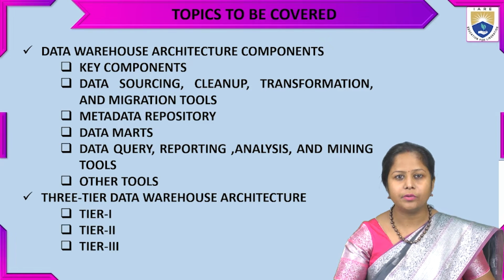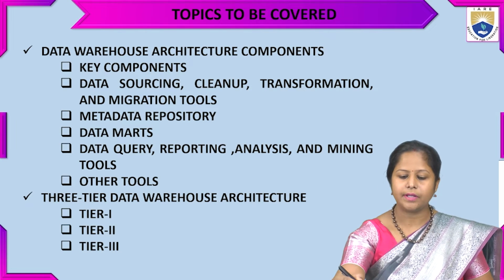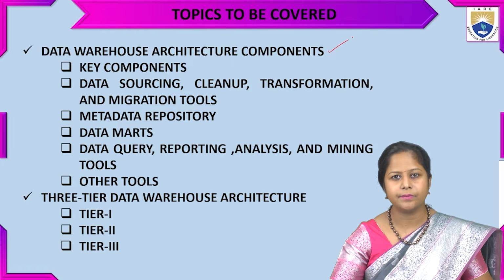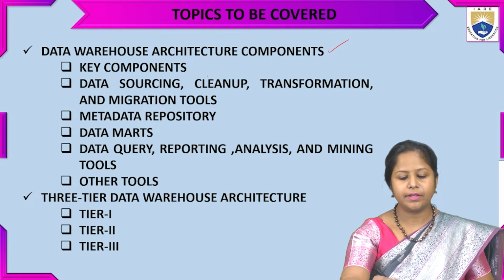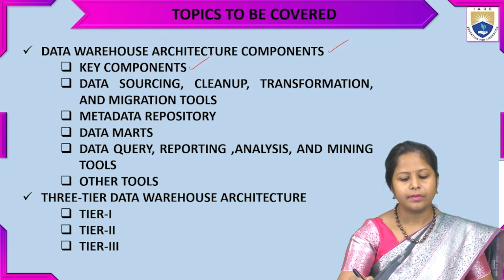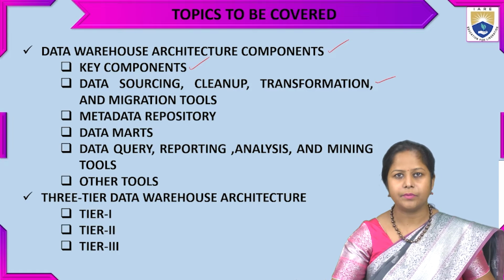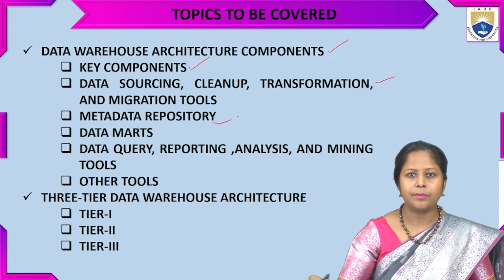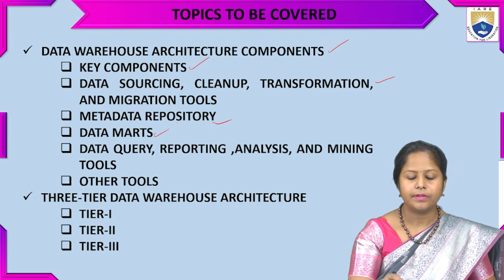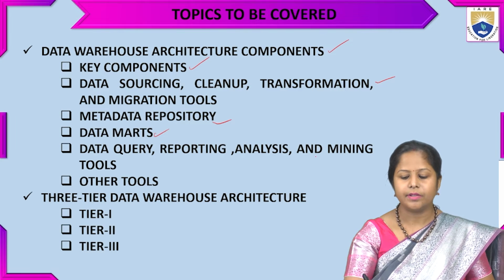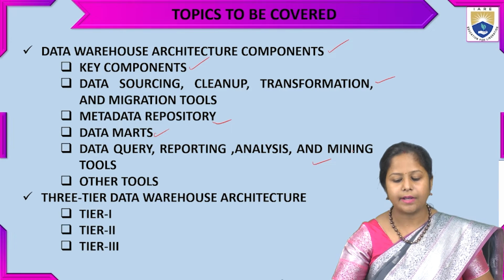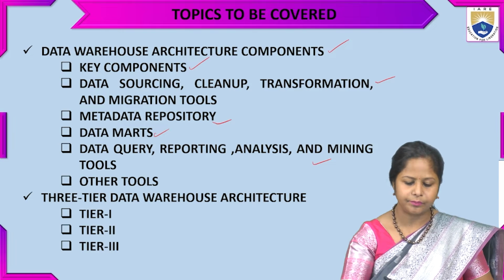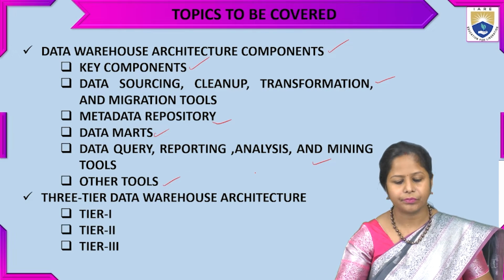Today we are going to cover the topic Data Warehouse Architecture Components. In that I'll cover the key components: the data sourcing, cleanup, transformation and migration tools, metadata repository, data marts, data query, reporting and analysis and mining tools, and other tools.